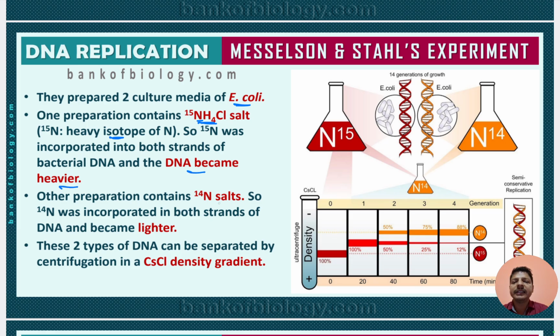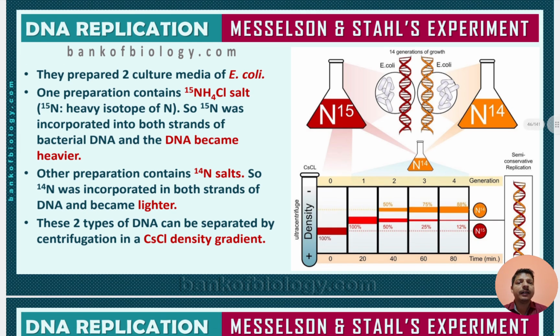The other preparation contains N14 salts. So N14 was incorporated in both strands and DNA becomes lighter. These two types of DNA can be separated by centrifugation in a CsCl density gradient, cesium chloride. As you can see, you can see the density of N15 and the N14 DNA.